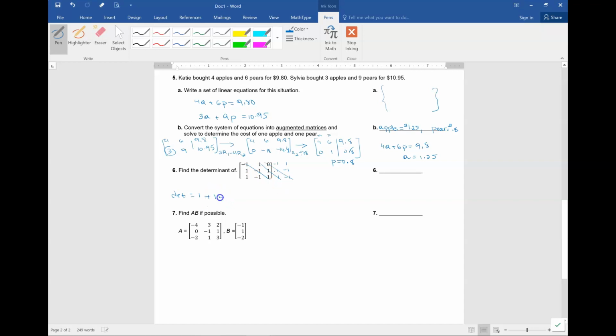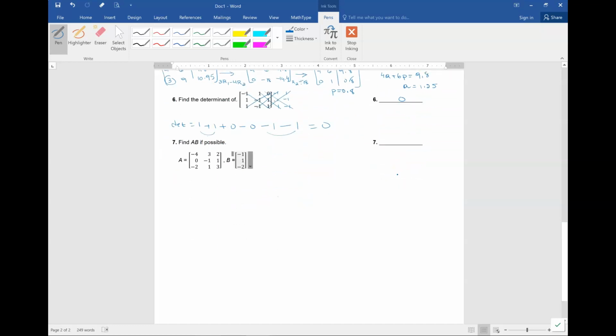Plus another 1, plus the last diagonal, the product is 0. And then in the other direction, they're going to be minuses. So minus 0, minus 1, minus 1. Okay, so we have positive 2, negative 2, that's 0. Oh, look, another singular matrix.